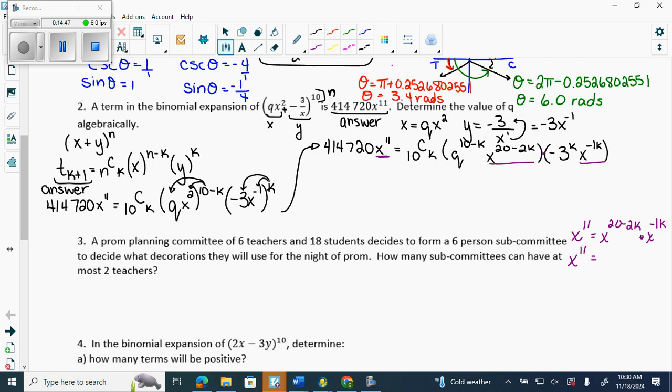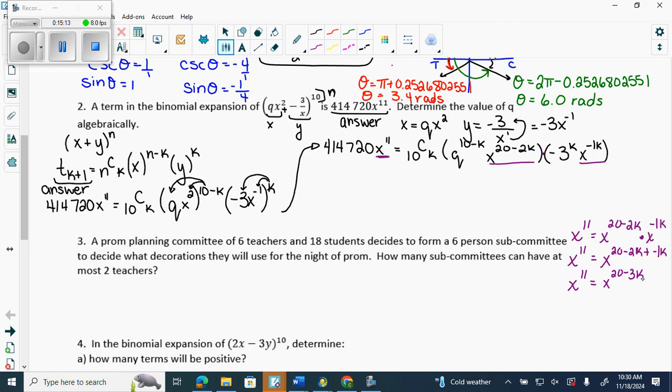Someone said it. You add them. So we're going to get x to the 20 minus 2k plus negative 1k. So I'm going to get x to the 11 equals x to the 20 minus 3k.